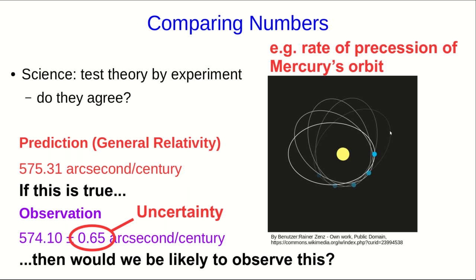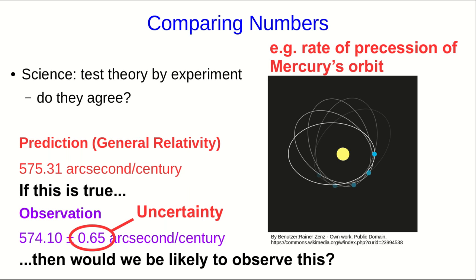By the way, I just said that the standard deviation of the mean always will have one sig fig. But if you think back to the very beginning of this part of the video lecture, the quoted value for the rate of precession of Mercury's orbit was given with an uncertainty that has two sig figs. Okay, the actual process for determining how many sig figs an uncertainty has is very, very complicated, and it's well beyond what we can do in this course.